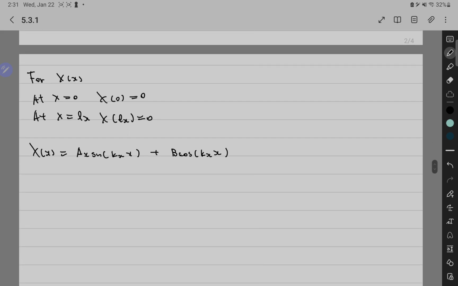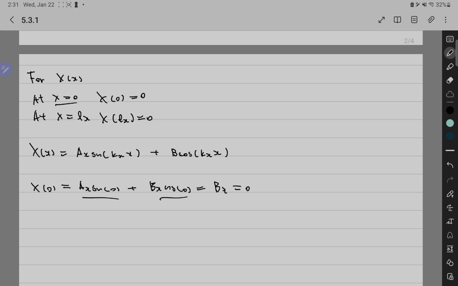So let's look at what happens at x equal to 0. When you plug in 0 as the variable x here, you get Ax sine 0 plus Bx cos 0. Sine 0 is just 0, so this term vanishes, and cos 0 is 1, so this is equal to Bx, which is equal to 0.